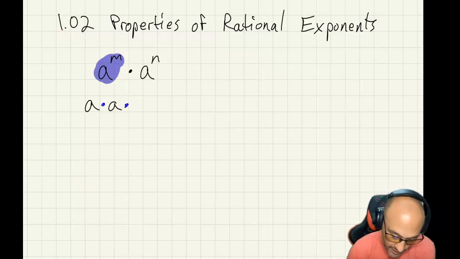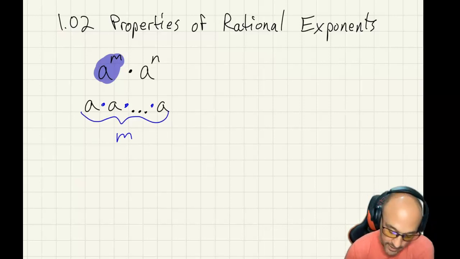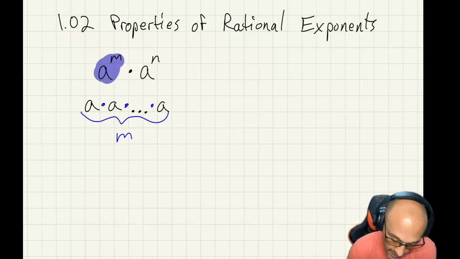So however many times this is, it's going to go on, and then there's going to be times another a, and there will be m a's there. Hope that makes sense. But first, I should say, I'm going to put this multiplication right there, so it's in black.